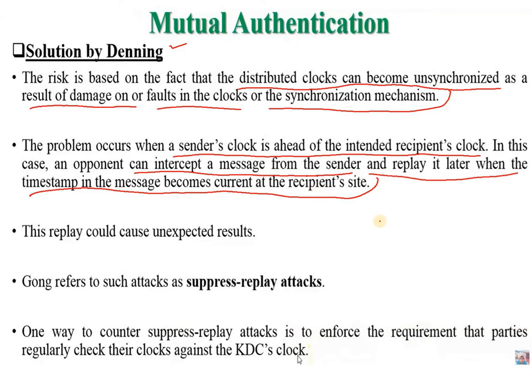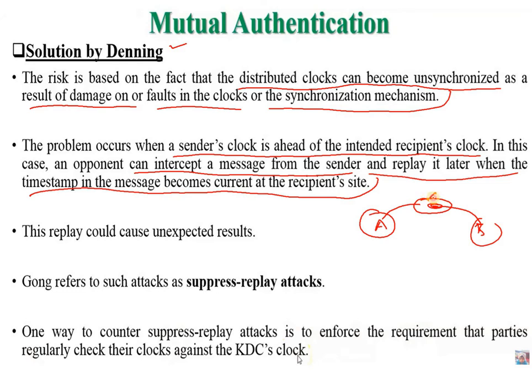So in such cases, what happens? The sender's timing is too fast, the receiver's timing is too slow. So the opponent can copy this message, and he knows the receiver is lagging. He will copy that message and after the correct time only he will share it to the receiver, because the receiver is lagging and the sender is going ahead.